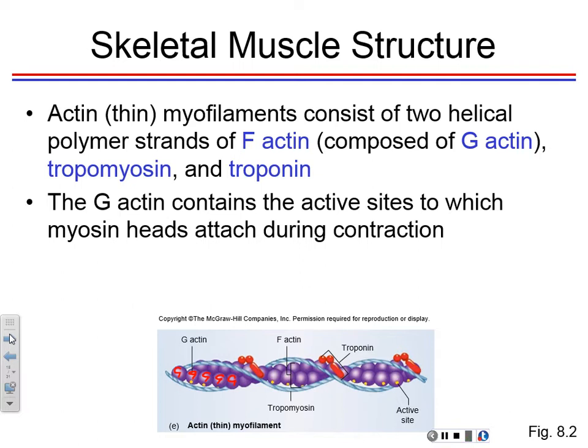That's it. And then contracts. Binds and contracts, until the muscle is fully contracted, or you remove the calcium. When you remove the calcium, troponin goes back to its original shape, the binding sites are no longer exposed, and muscle contraction stops.